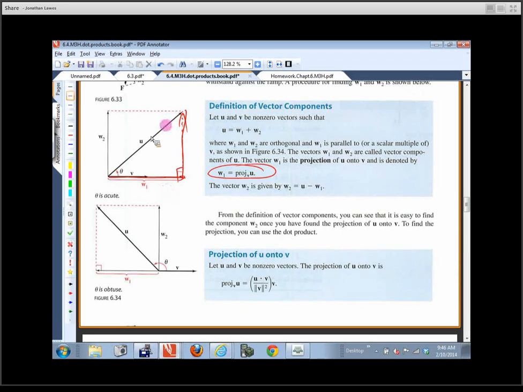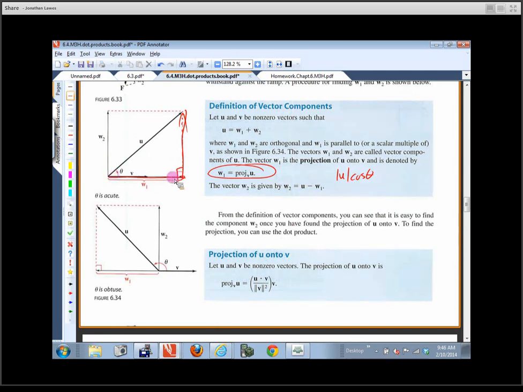So I want to take this length right here, and I want to figure out how much of that length goes in the direction of v. I'd use a cosine, wouldn't I? Okay? So I'd take the cosine of that angle, I'd multiply it by the magnitude of u, and that would be how long this is right here.